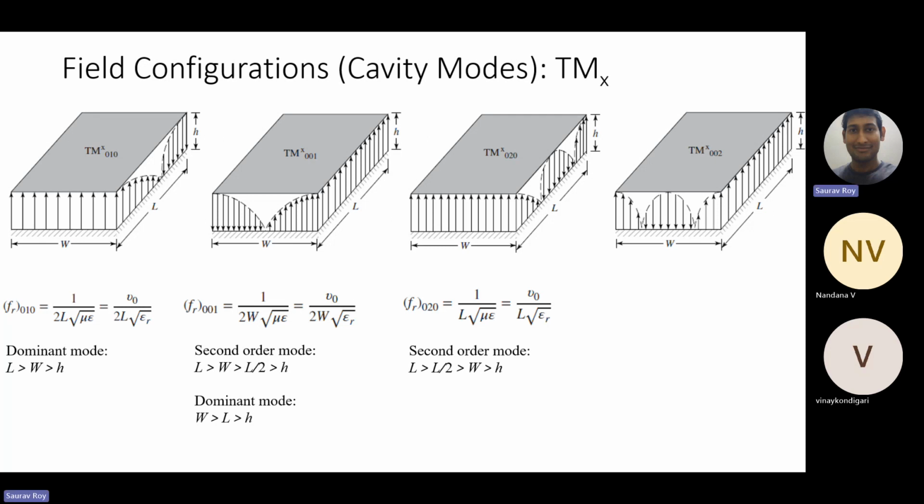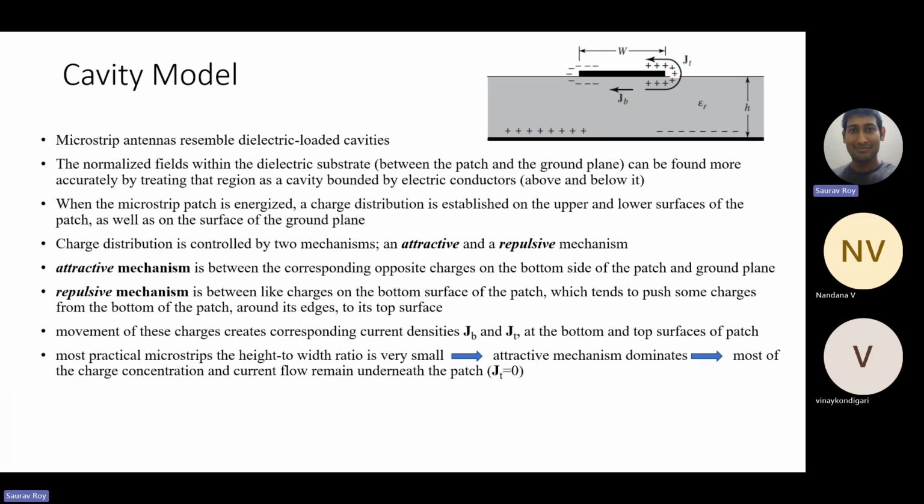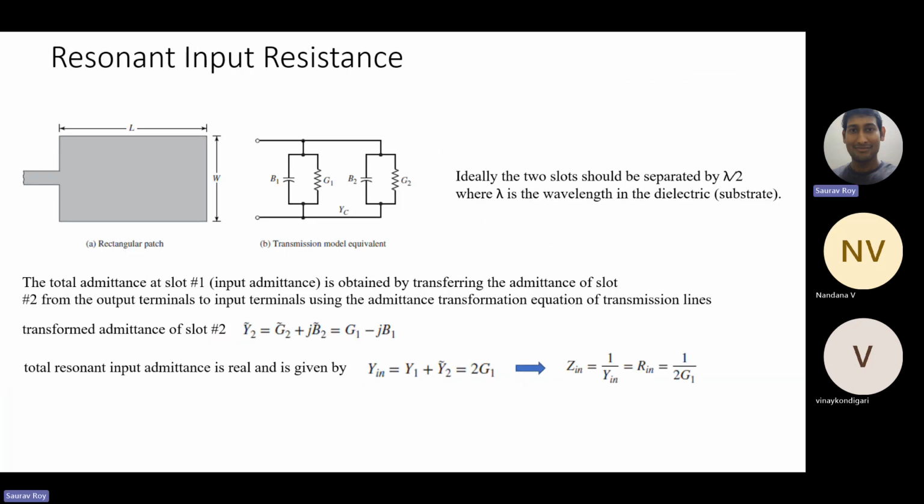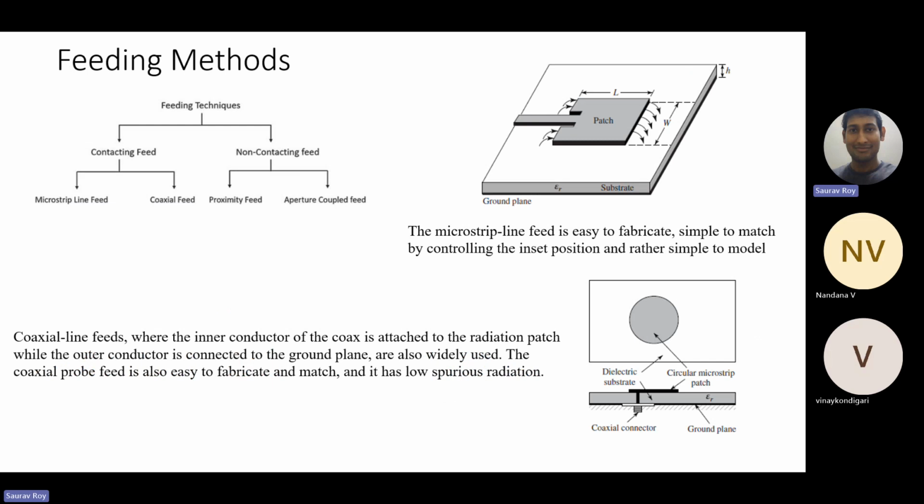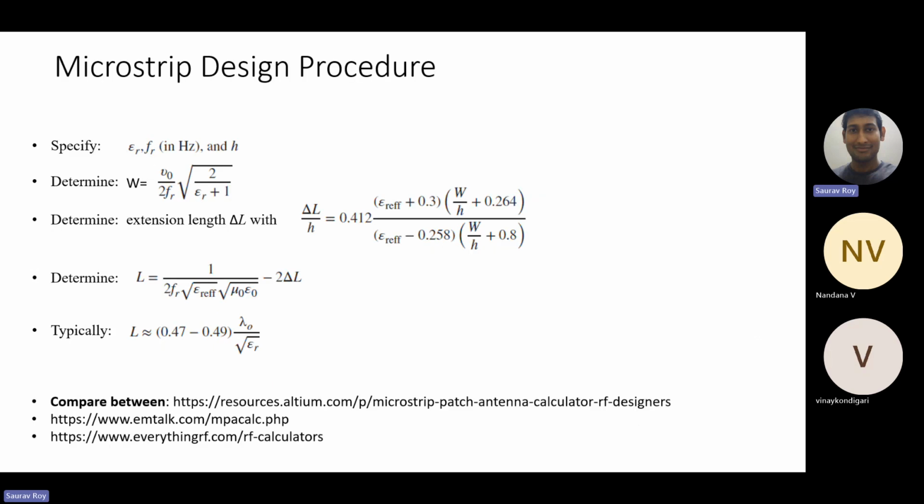Let me remind you. A few classes back, I showed you how to design the antenna. Here, if you see what we had done, we started from epsilon, frequency, and H. Those are specified: substrate height, substrate permittivity, and frequency. You have to know first which frequency you have to design for.